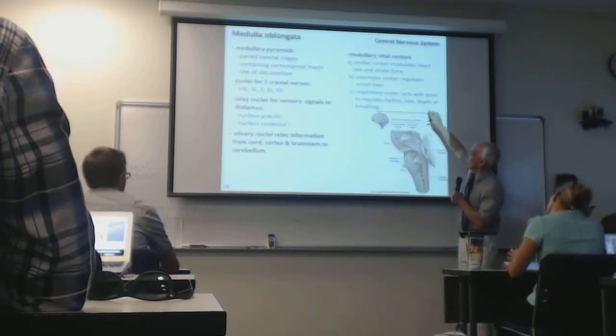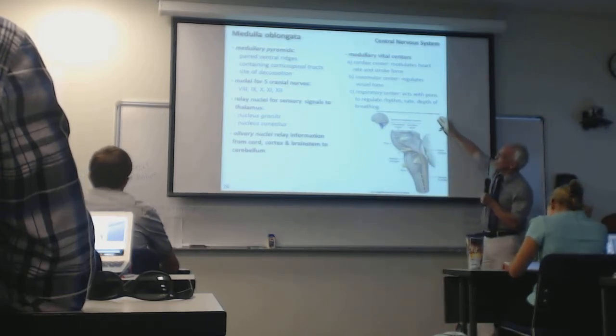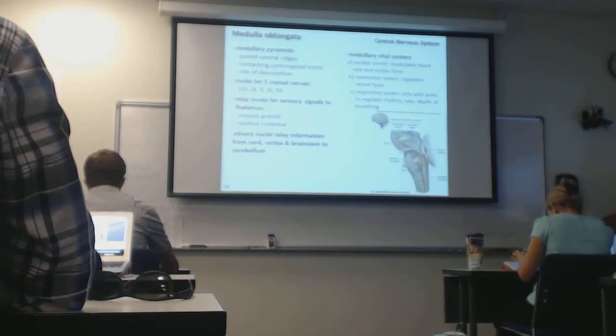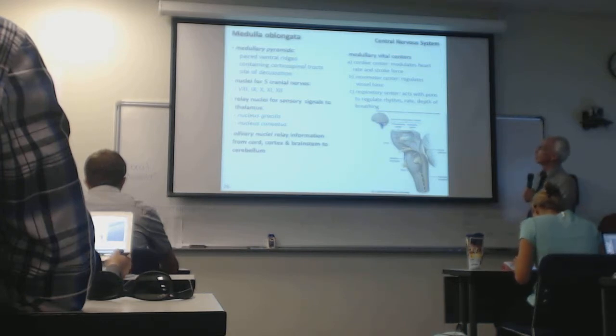But this is very critical. This is what we were talking about earlier when we talked about these vital centers. Make sure that you appreciate the importance of the medulla for homeostatic regulation of heart rate, with the force, the contractility of the heart to the ventricles. What does vasomotor mean?